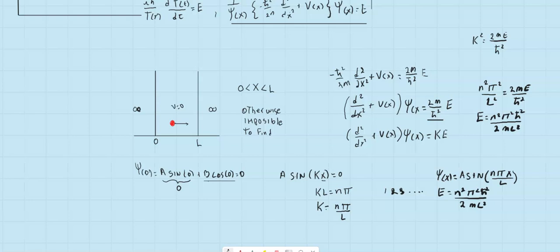And I'm going to stop here so that I can continue working on the next video, solving the particle in the box. I already have my eigenfunction and my eigenvalue.